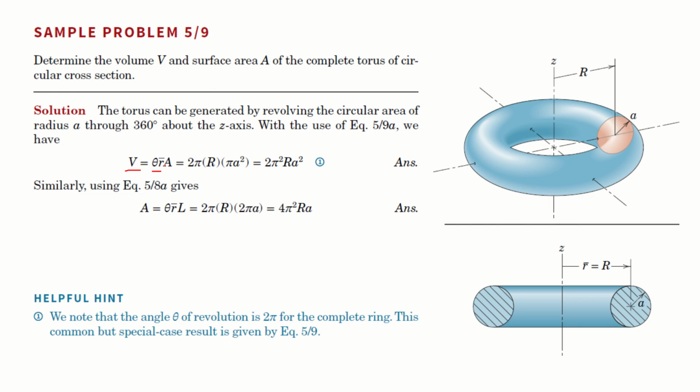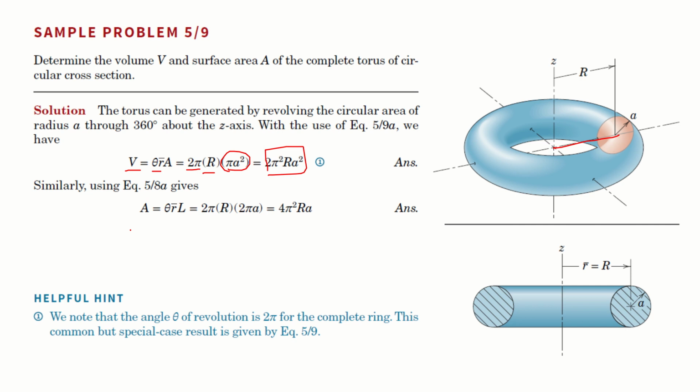So we have just the polar coordinate system, θ R A. So A, we all know, is πa², that is small a, this is your A right here. R is the position from the center of the torus to the center of the cross-sectional area, the circle area, and 2π is the rotation it creates. So this is the volume we have got for our torus.